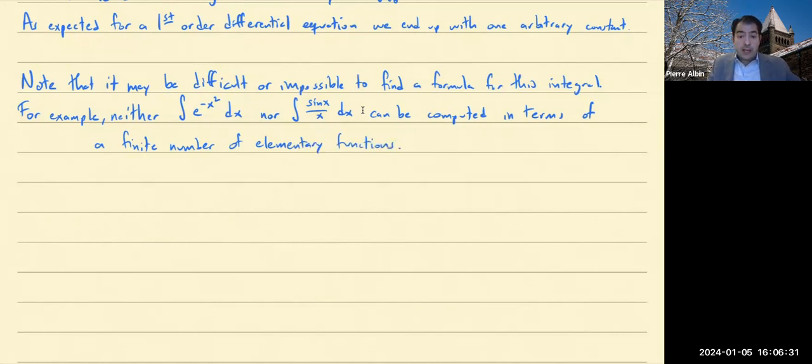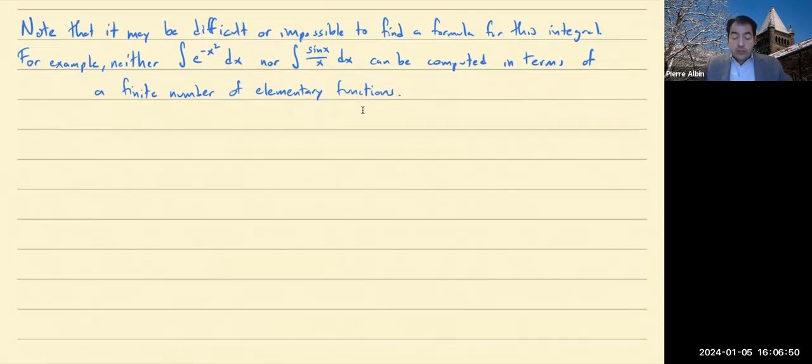So if you're only allowed to use polynomials and rational functions, exponentials, trigonometric functions, logarithms, then there's no way you can find a function whose derivative is e to the minus x squared. So you can solve the differential equation in that you can say the answer is an antiderivative of e to the minus x squared, but you can't necessarily find an explicit formula, or a more explicit formula, for that solution.